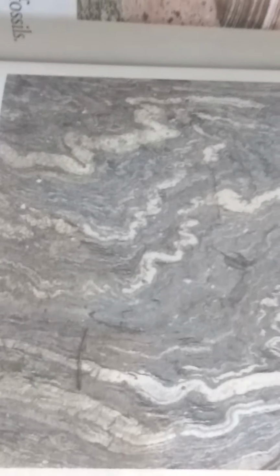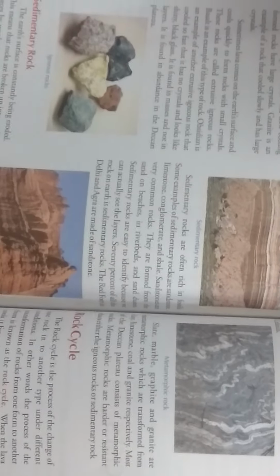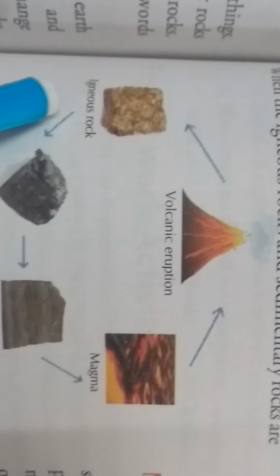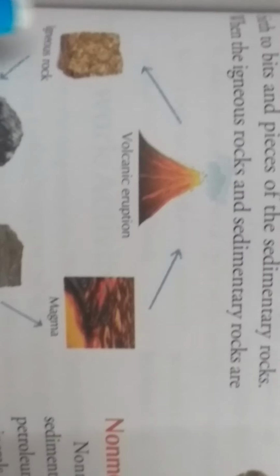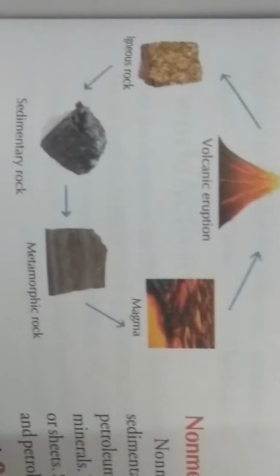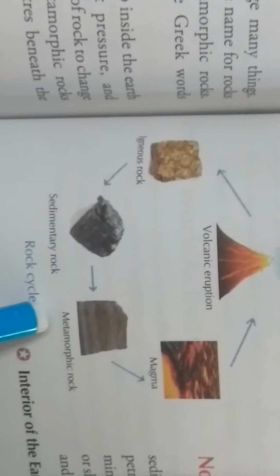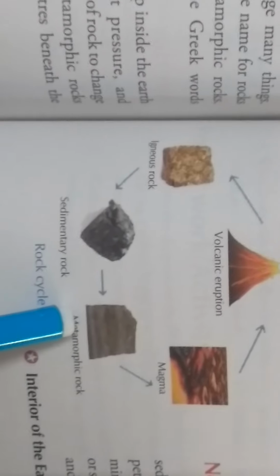So the rock cycle is a complete cycle. From volcanic eruption, we get igneous rocks. Igneous rocks change into sedimentary rocks. Sedimentary rocks change into metamorphic rocks.